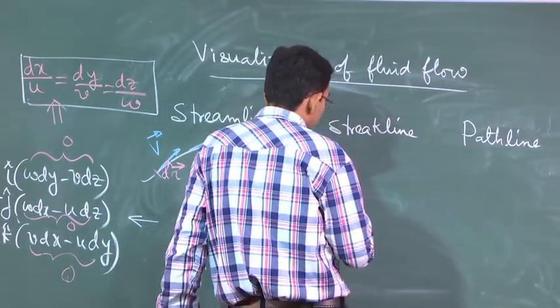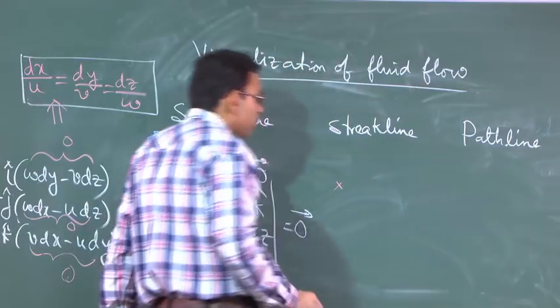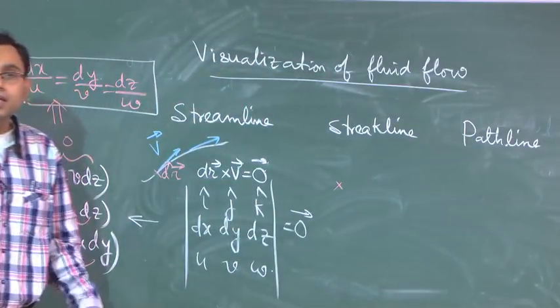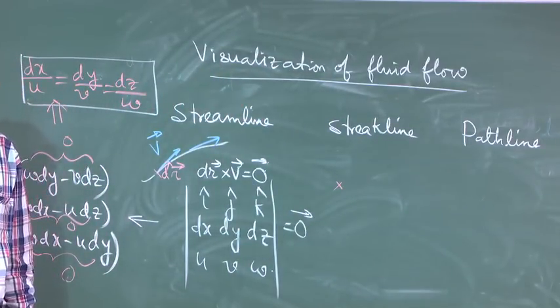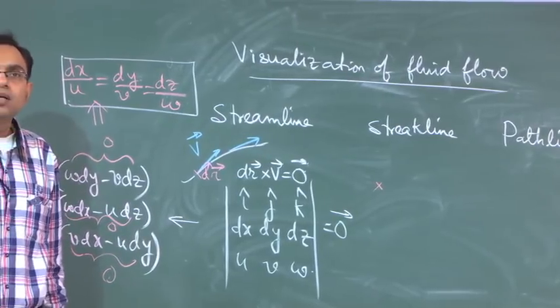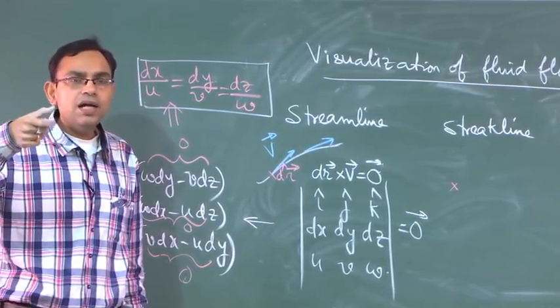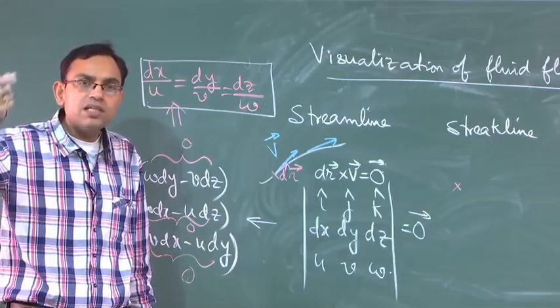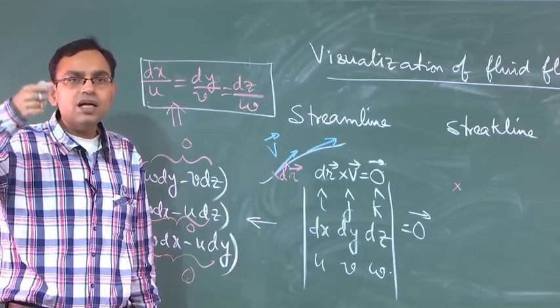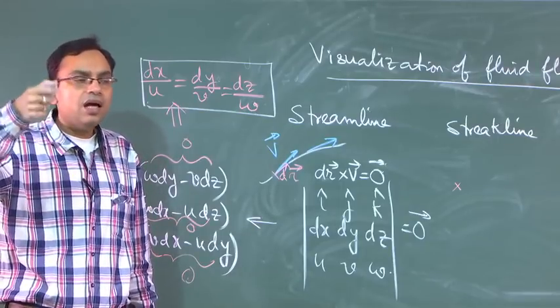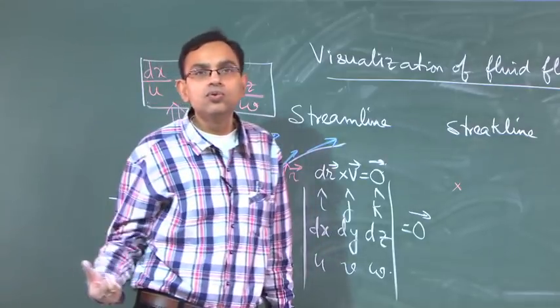Let us say that you are trying to visualize a flow by injecting a colored dye. For example, there is water flowing in a channel and you want to visualize how the flow is taking place. So, you inject a colored dye, say a blue colored dye called thymol blue.